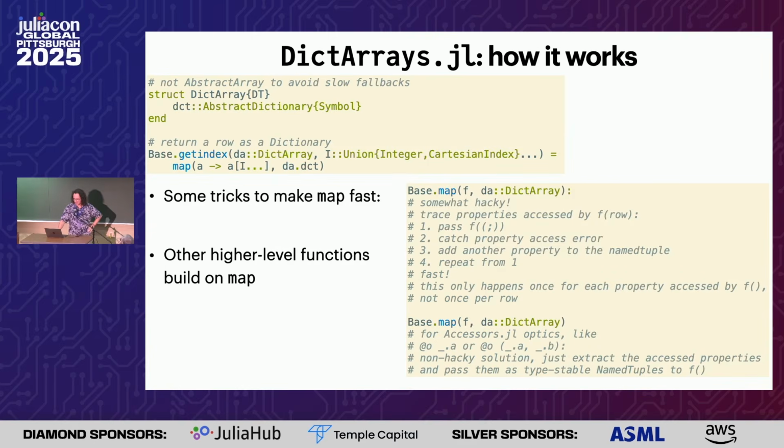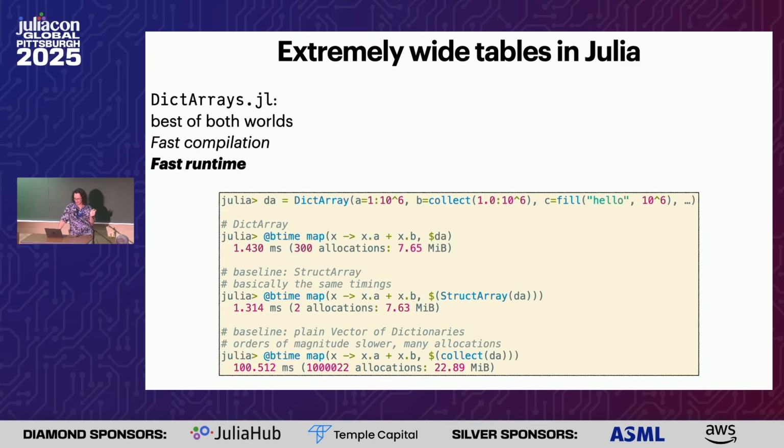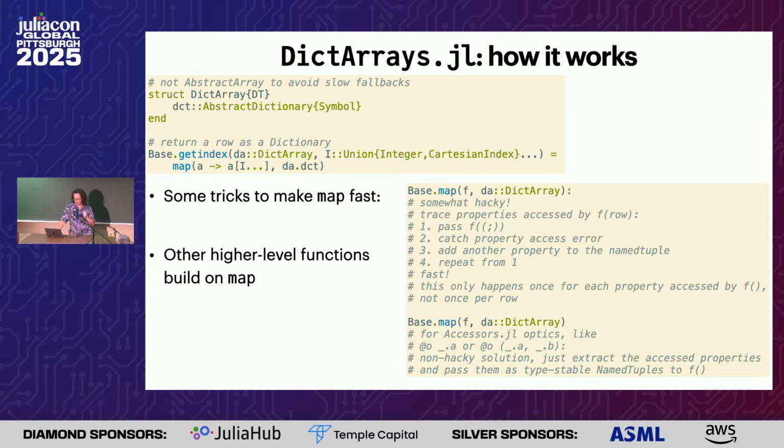There is also a less hacky but still fast path if you pass not an opaque lambda function but an object from Vectors-of-NamedTuples, because they are natively inspectable, so you can just inspect the object and see what properties it accesses. So we explored both the outcomes that you get and the idea of the implementation.